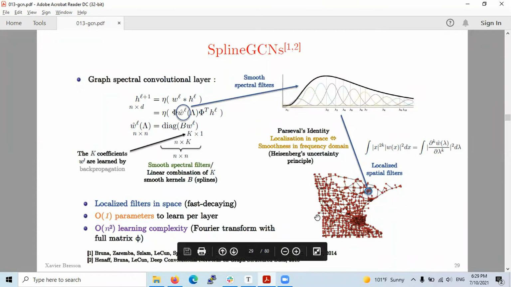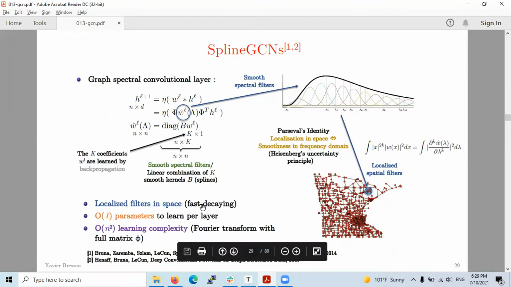By fixing the number of signals to learn in the frequency domain, you're fixing how many parameters this particular network has to learn. So effectively, they're reducing the parameters to learn to O of 1, and also the filters are localized in space.